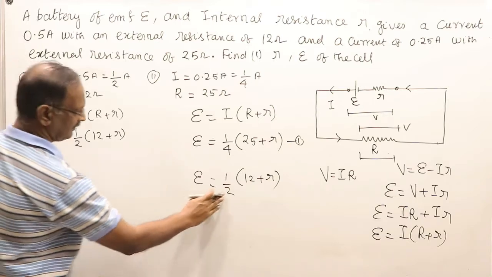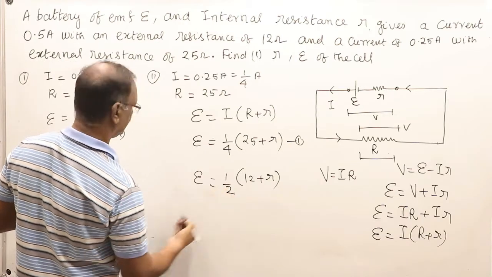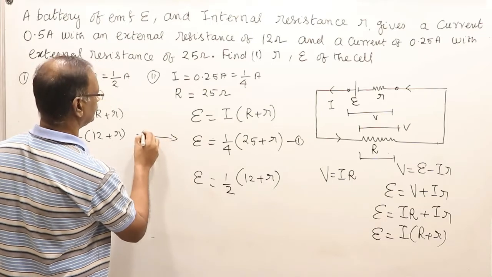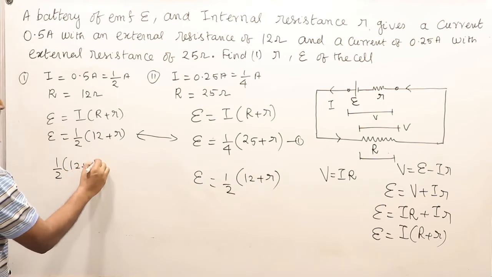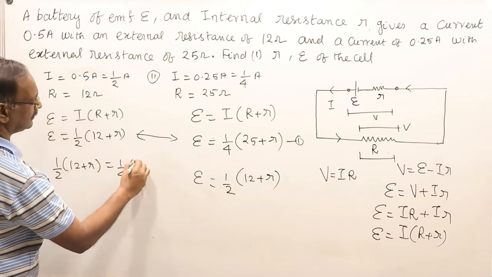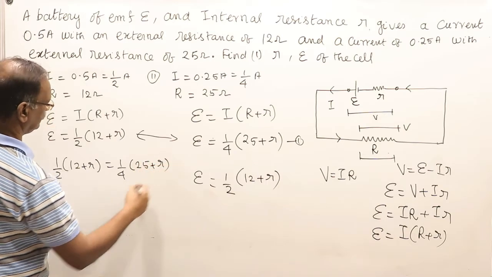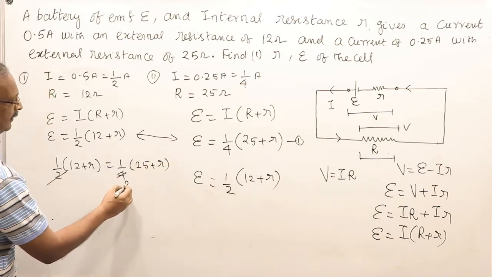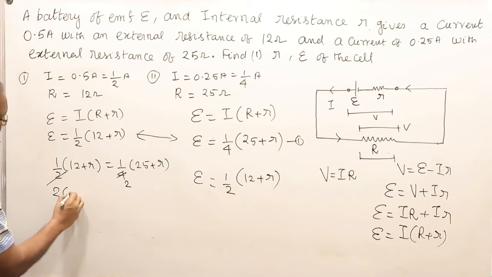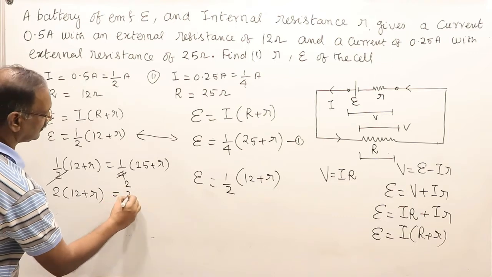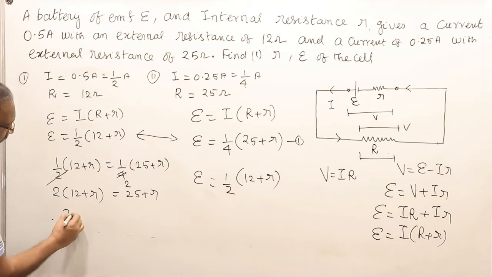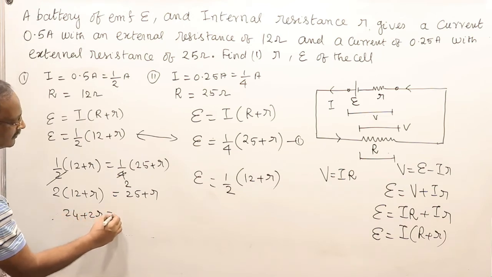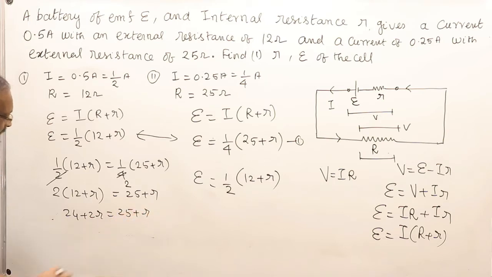Comparing these two, half into 12 plus r is equal to 1/4 into 25 plus r. Cancelling this term and multiplying by 2, 2 into 12 plus r is equal to 25 plus r, that is 24 plus 2r is equal to 25 plus r.